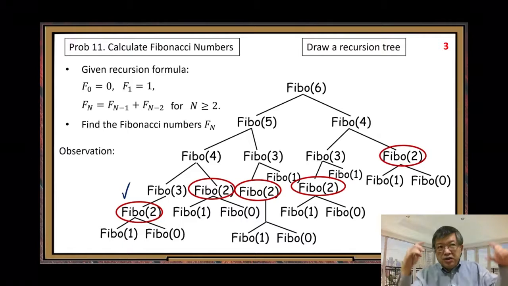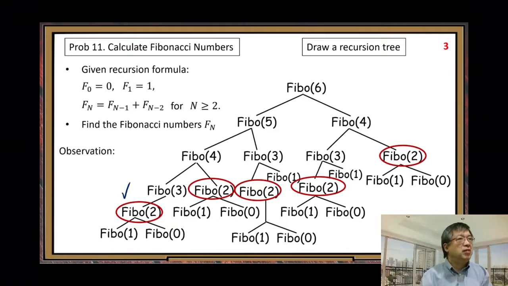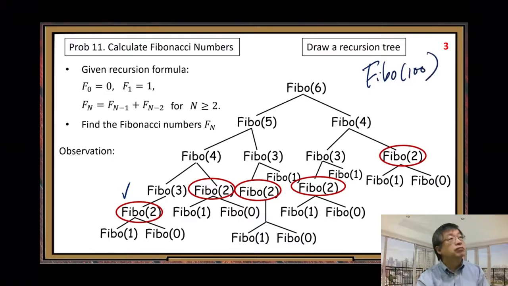In this small example, you need to calculate fib of 2 5 times. Think about it: if you calculate fib of 100, much bigger than 6, right?